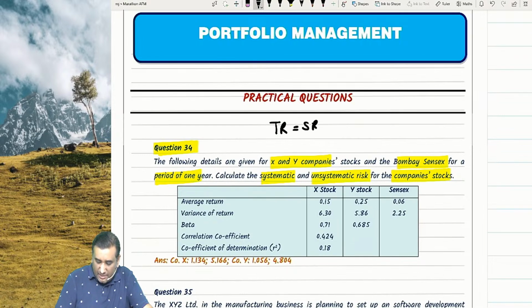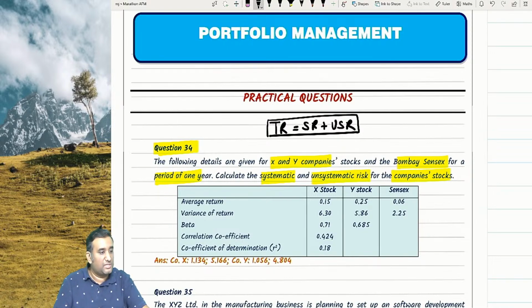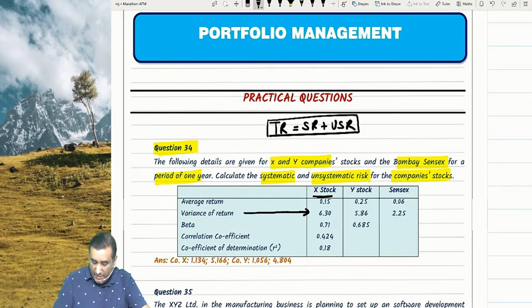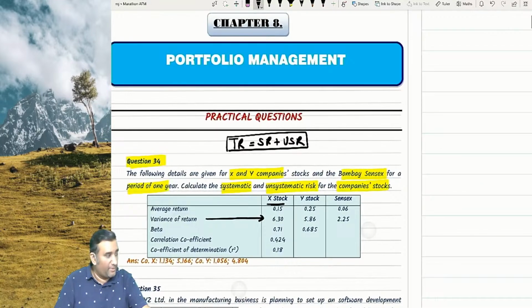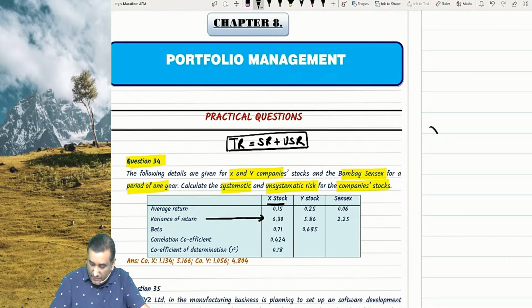Total risk is systematic plus unsystematic. X we are finding now. Let's find the total risk of X. Variance of return is nothing but total risk. So if I put my data here, the total risk of X, that is standard deviation square of X, is already given in variance form.